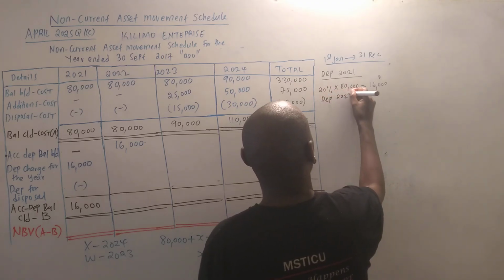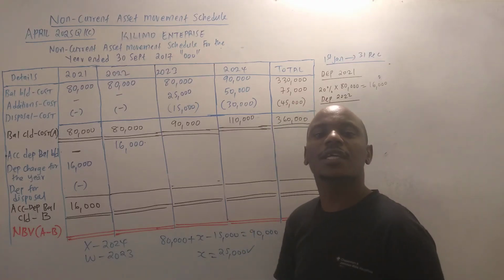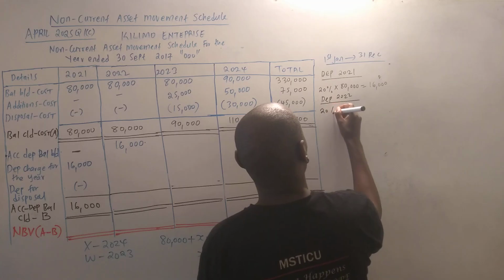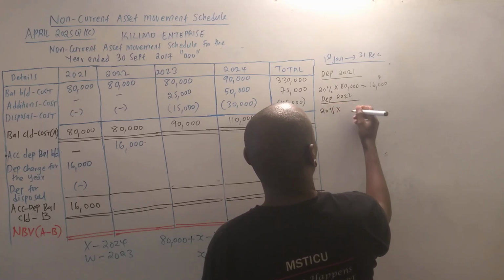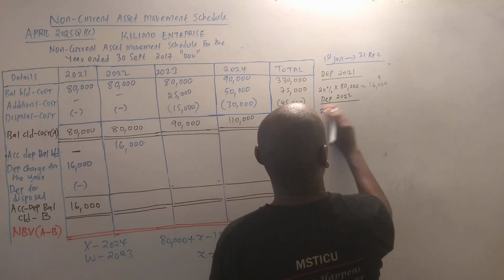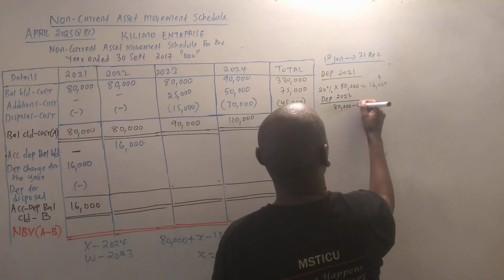Then go to depreciation for 2022. Remember, they said it is on reducing balance, so it will be 20% times. We need to take the balance first. Let us just say 80,000 minus 16,000.